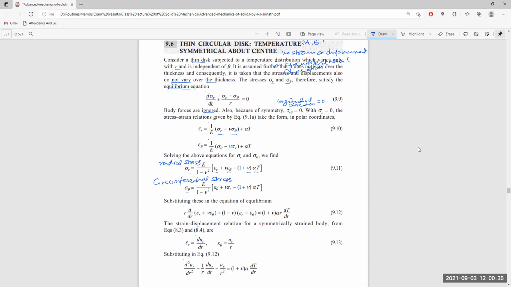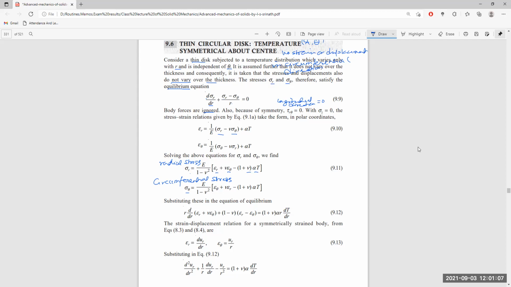Now, the equation of equilibrium we have already reduced here. This is the equation of equilibrium: d sigma r by dr plus (sigma r minus sigma theta) by r. If we replace this equation and make certain simplifications, we will find that this d by dr of mu sigma theta is under the derivative d by dr multiplied by r.